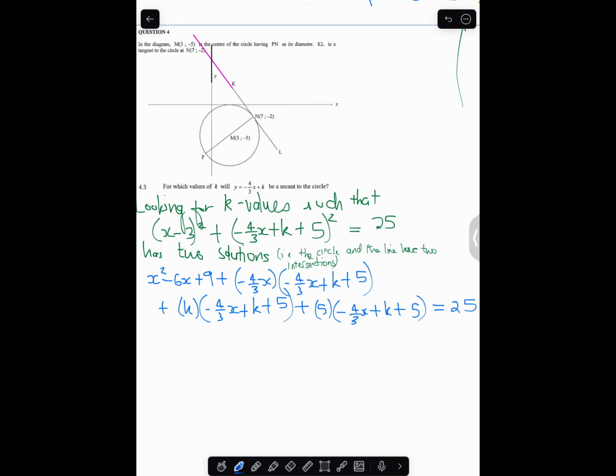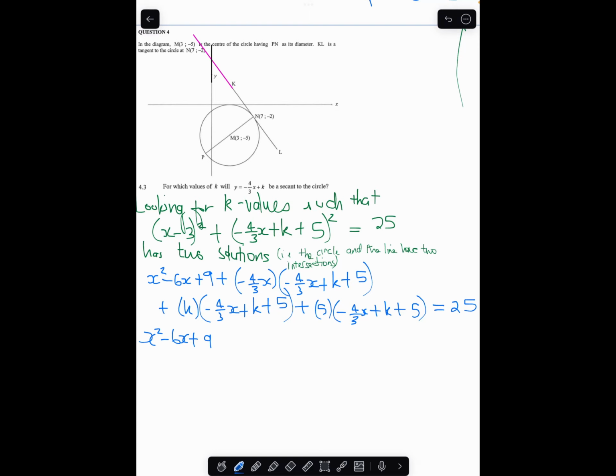Okay, so let's go ahead and get into the multiplication games. Yay!